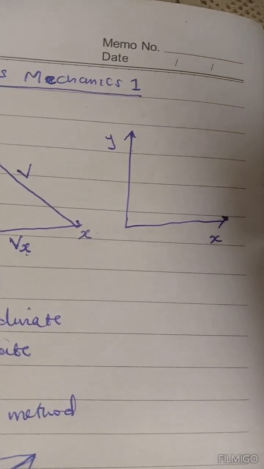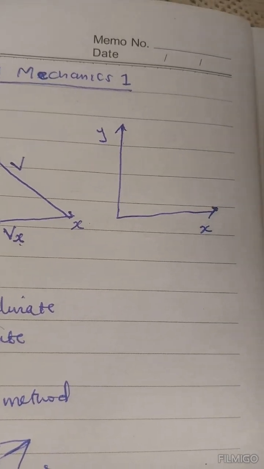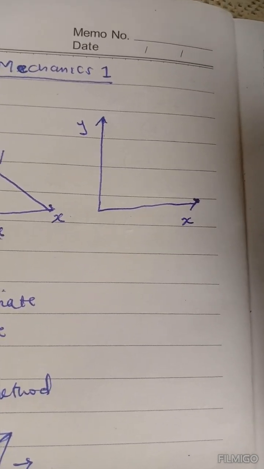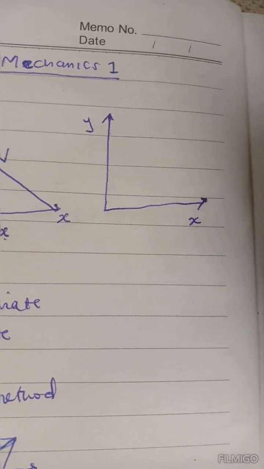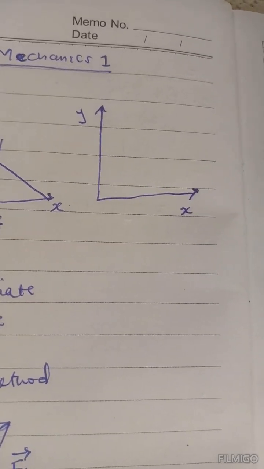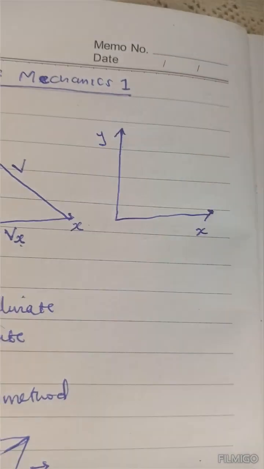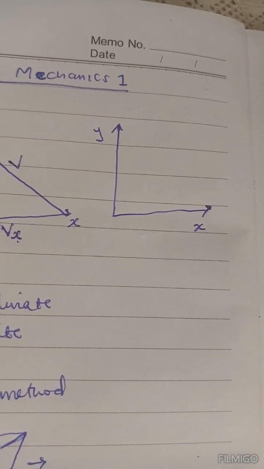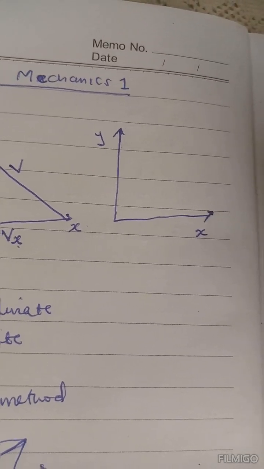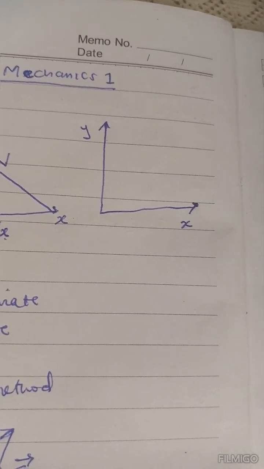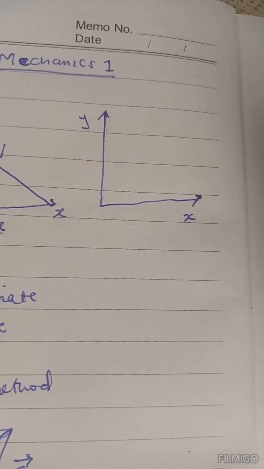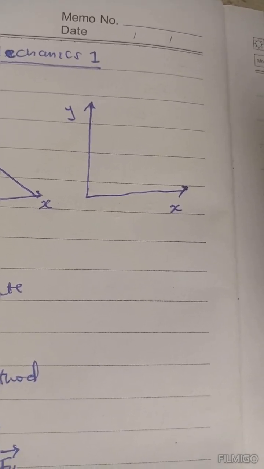So let's say we have our resultant vector to be A. Now if I'm resolving this vector into two components, then I'm supposed to have AX plus AY.